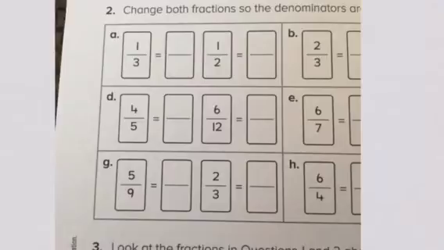So now let's look at the bottom. Now the bottom looks different, but it really is kind of the same principle. So here we have 1/3 and 1/2. So what I'm looking for is a common denominator of thirds and halves. So take a look at your chart, look at your multiples.